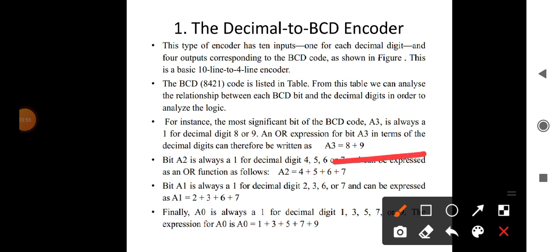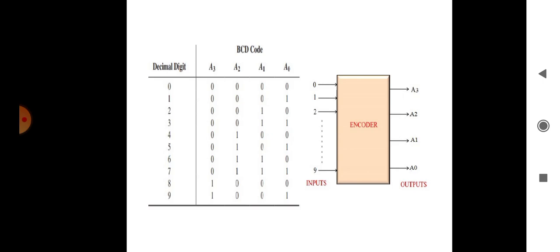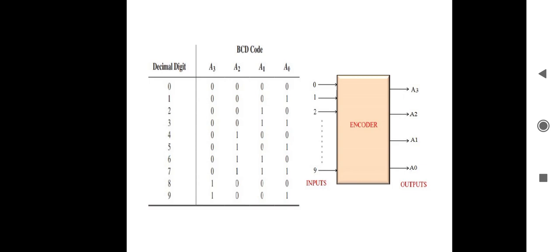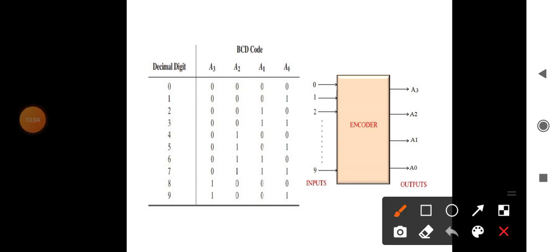So what they are doing is, see here, for A3 we need to give high for 8 and 9 only. For A2 the input is high for 4, 5, 6, 7 only, and for A1, for decimal digit 0 A1 is 0, for decimal digit 2 and 3 the A1 will be 1, and for 6 and 7 the A1 will be high.